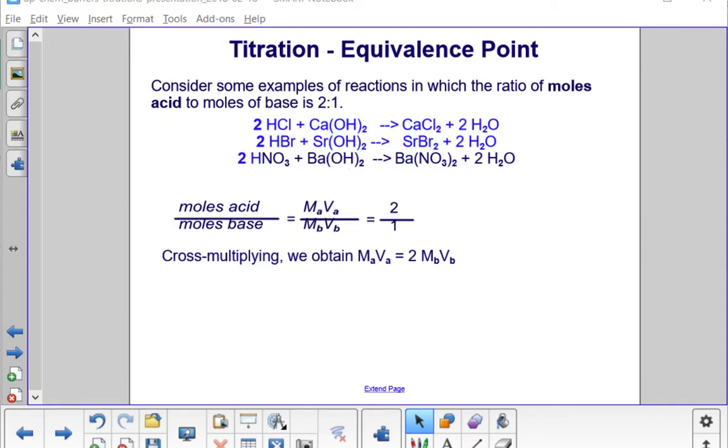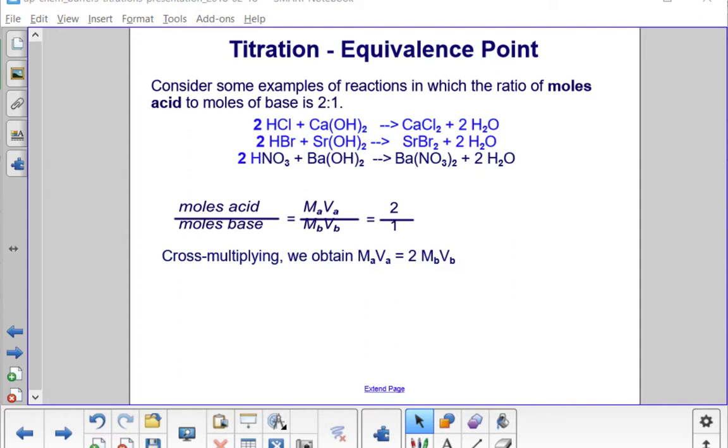Here, though, are some examples of reactions where the mole ratio of acid to base is not 1:1. So here we have acid to base is 2:1, given by, you can see the coefficient of 2 in front of each of the acids. And here you can see for the base, they're all strong bases, but they're strong bases of the group 2 metals, which is how we end up with this 2:1 ratio.